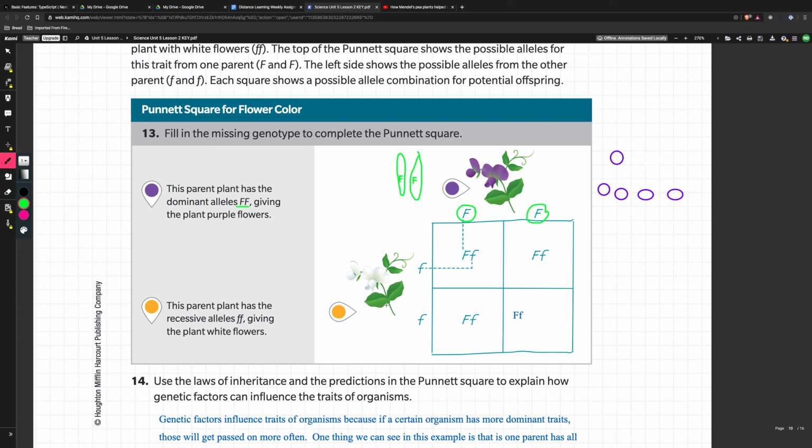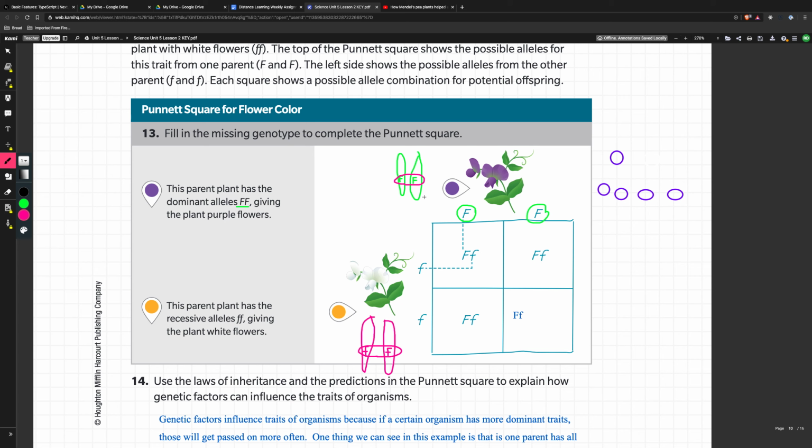Now, the next parent, the white flowers, also has 2 chromosomes. Sorry for my terrible drawings. Somewhere along the same place in these chromosomes, it has lowercase f's. It has the other version, the less dominant version, where the first had the 2 dominant copies. This one has 2 copies of the recessive: one chromosome has the recessive, and the other chromosome has the recessive.